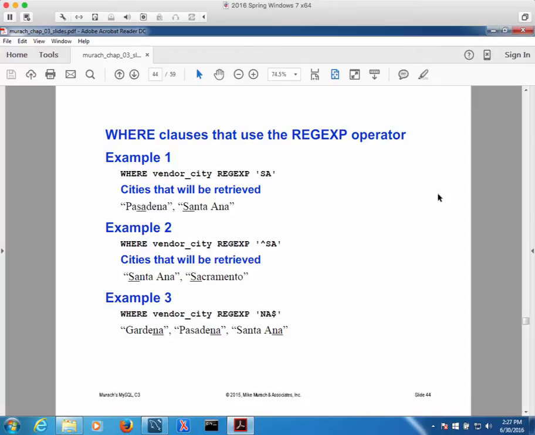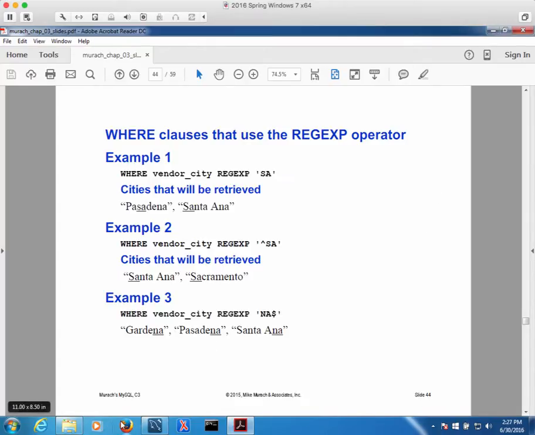And in the third example, the meta character $, when used at the end of a string, says that these characters have to come at the end of the string. So NA$ says ends with NA. So this would match Gardena, Pasadena, Santa Ana.